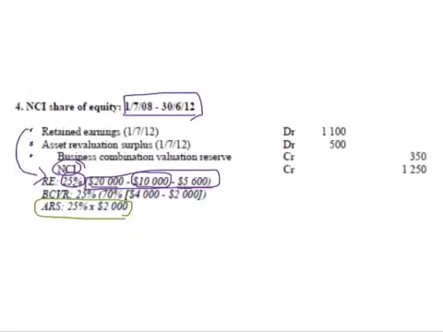So that represents the balance at the end of the previous financial year. And because that balance is 2,000, it means that the change since acquisition on that line item was $2,000. So 25% of that is extracted from the asset revaluation surplus and disclosed separately as part of our NCI.